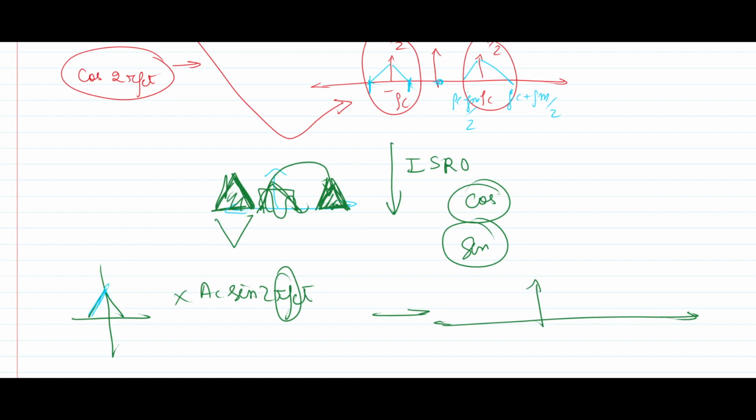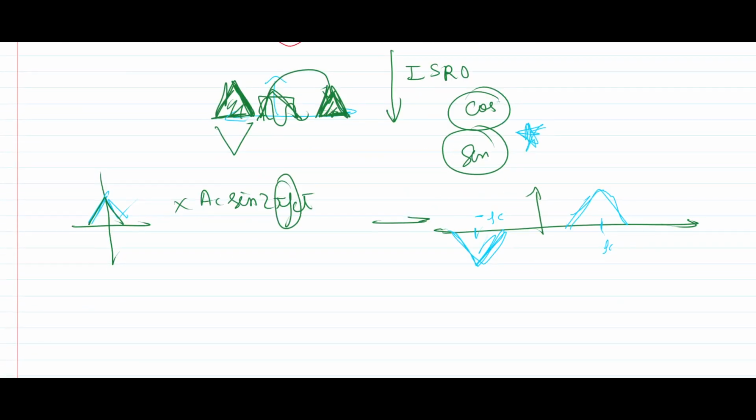Pick up this signal, place it at plus fc. But if you are multiplying it with sine, pick up that signal and place it at minus fc, but also reversing it. This is the most important thing, and most of your AM related questions will be easily solved if you know this.